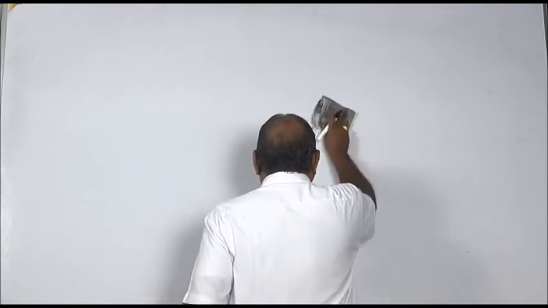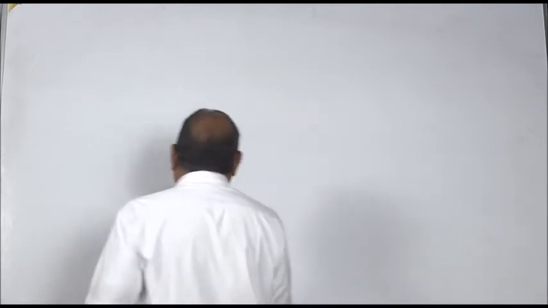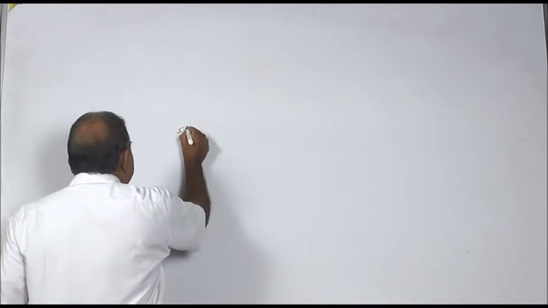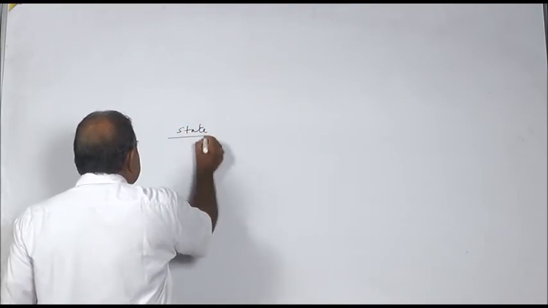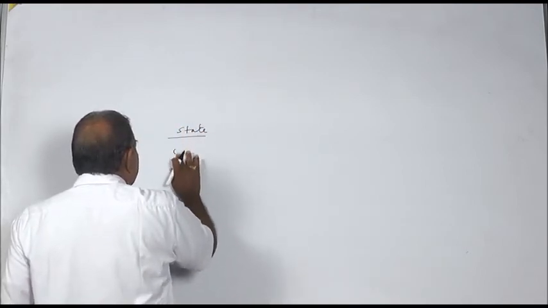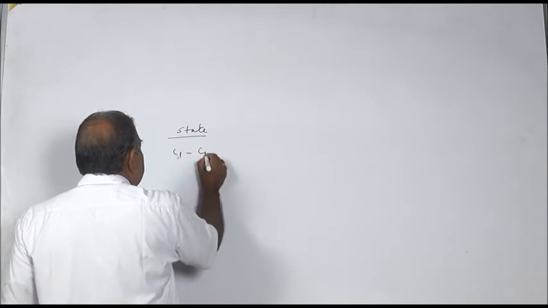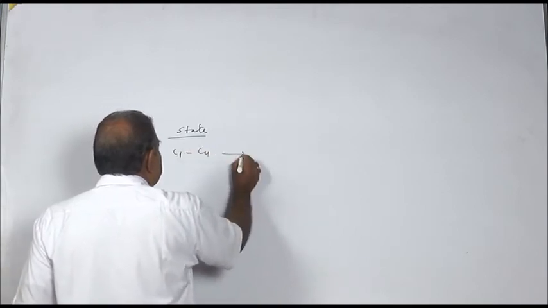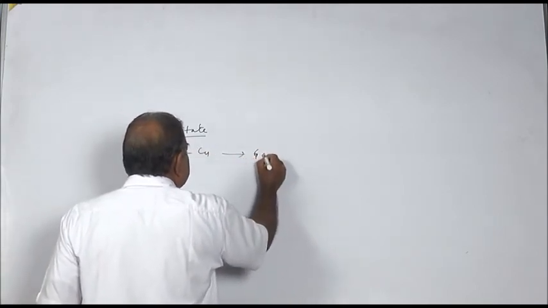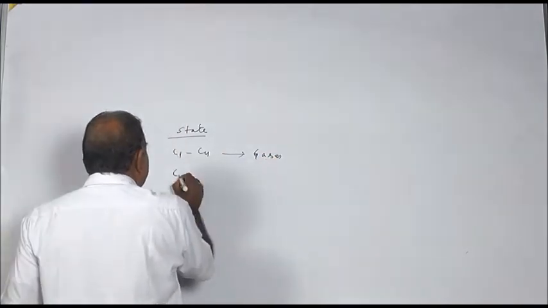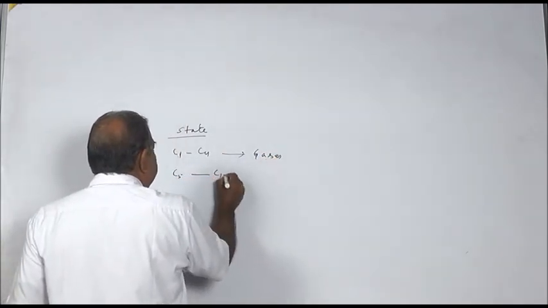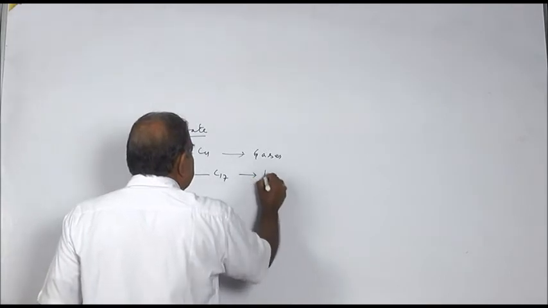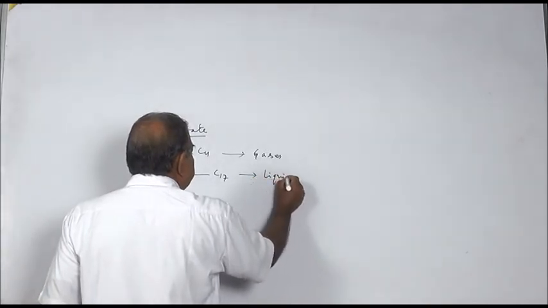I am not going to discuss the physical properties, I am only telling the states. So far as their state is concerned, carbon atoms 1 to 4, that is up to butane, are gases. Carbon atoms 5 to 17 are liquids.